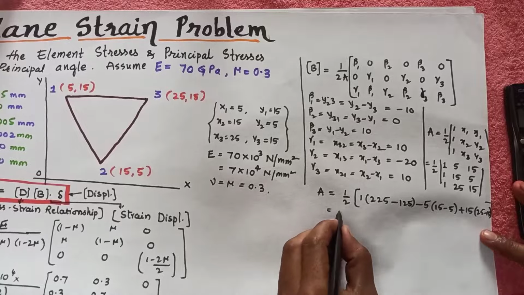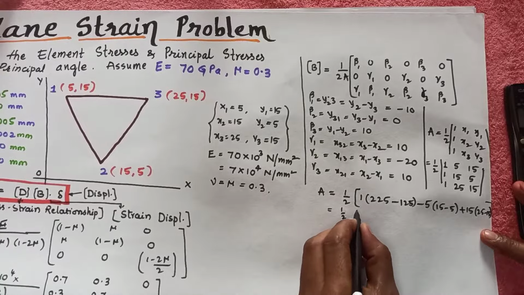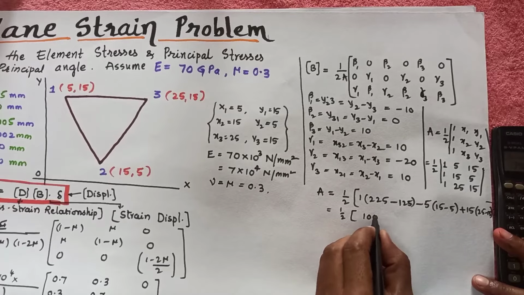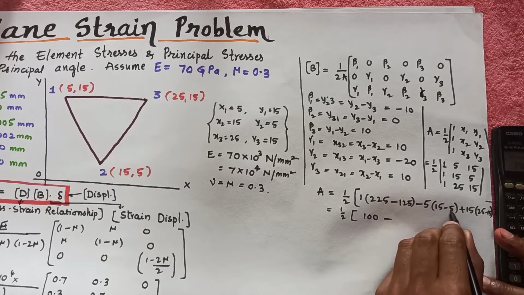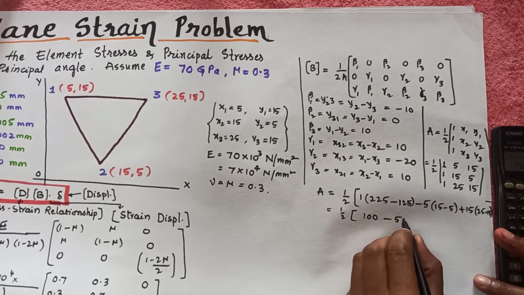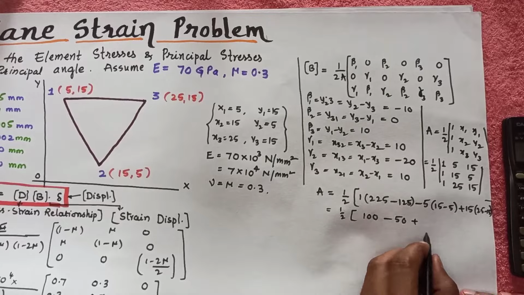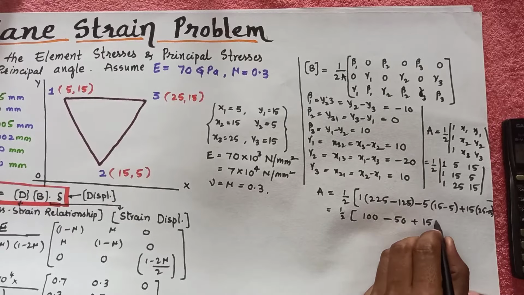So it is 1 by 2. Now 225 minus 125, you will get 100, minus 10 into 5, which is 50, plus 25 minus 15, that is 10, so 150.